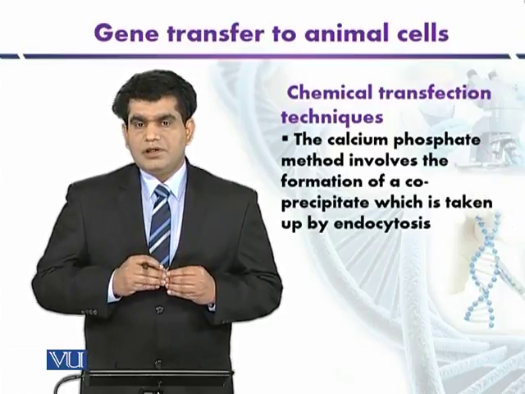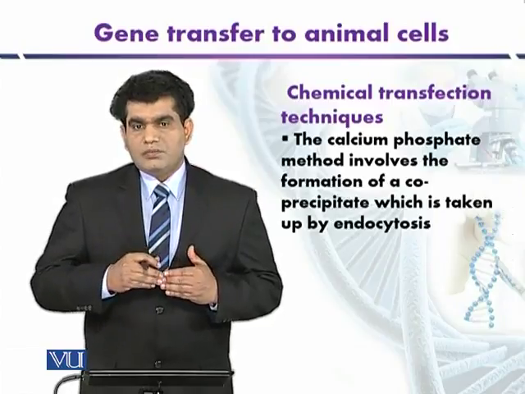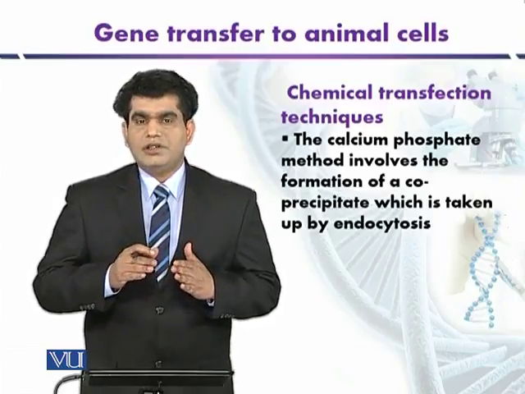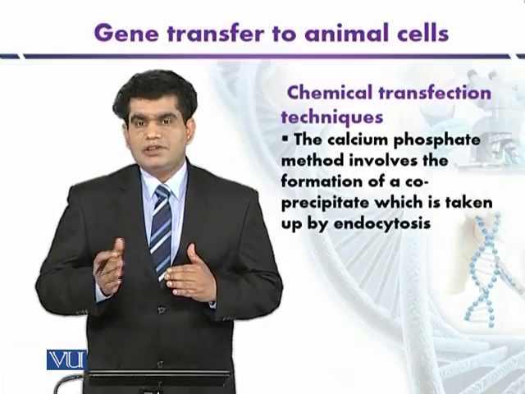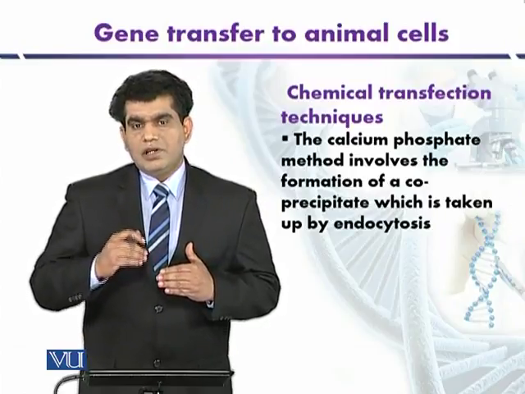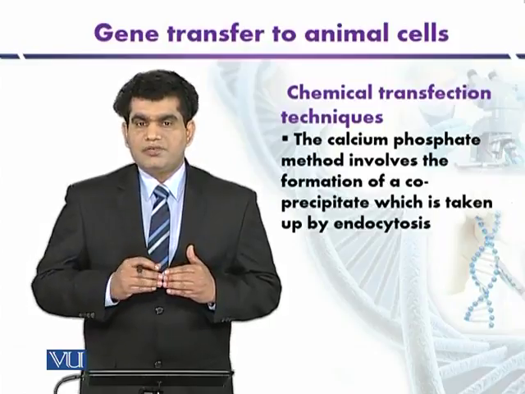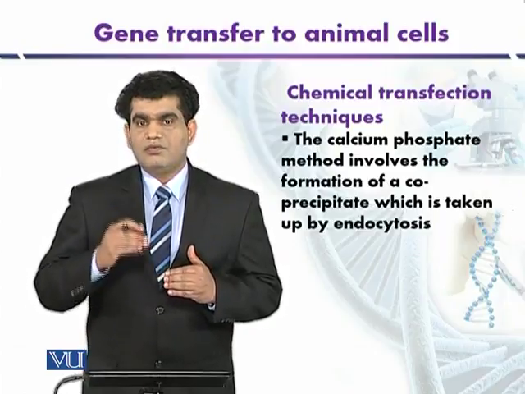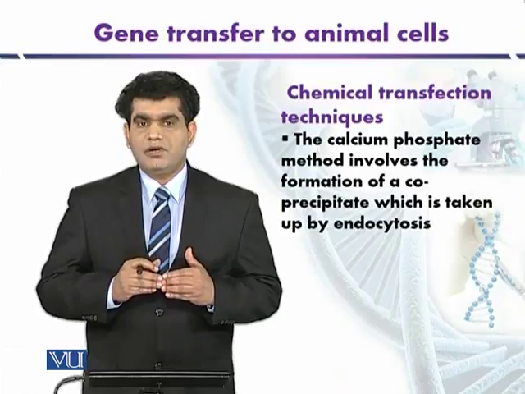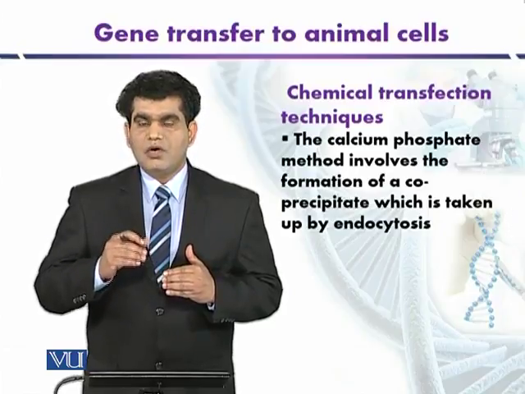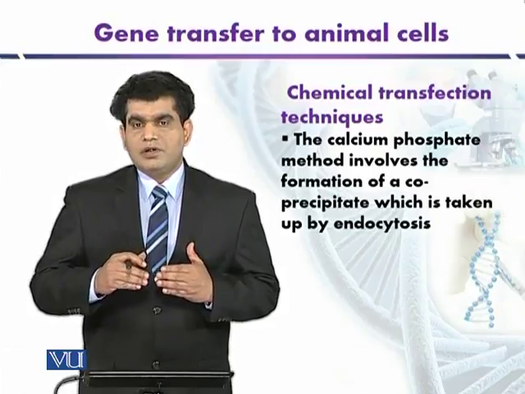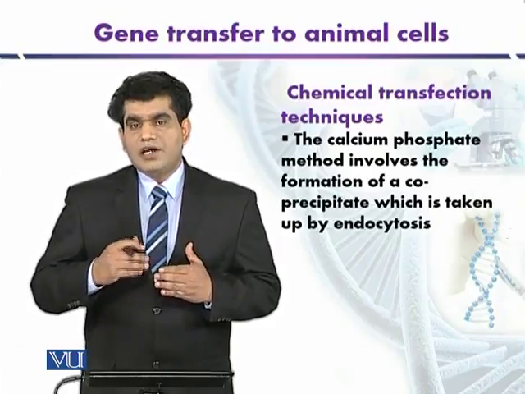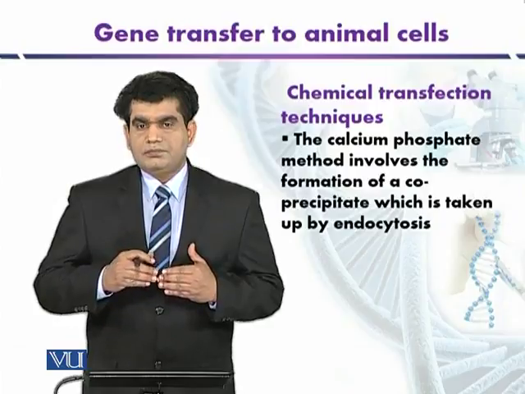This method can transform only those cells that are growing in the culture medium as monolayers or in the form of suspension, because when cells are present in the form of aggregates or complexes, it is unable to transform such aggregated form of cells.